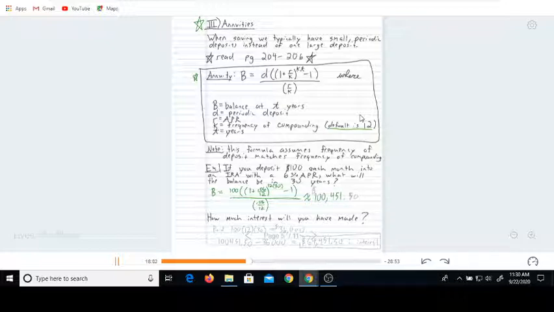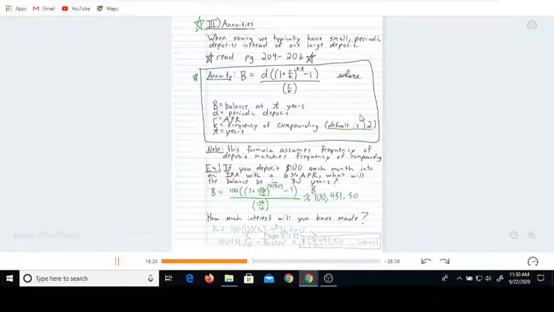So that's the number you should get typing into your calculator. In this case, with a 6% APR and $100 every month for 30 years, that balance will come out to $100,000 in this retirement account.